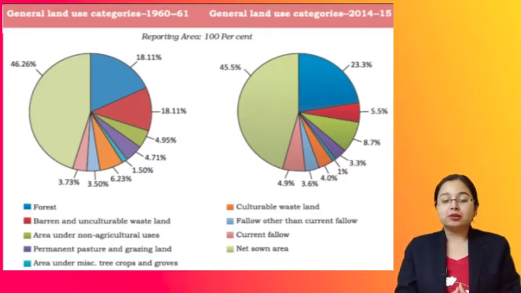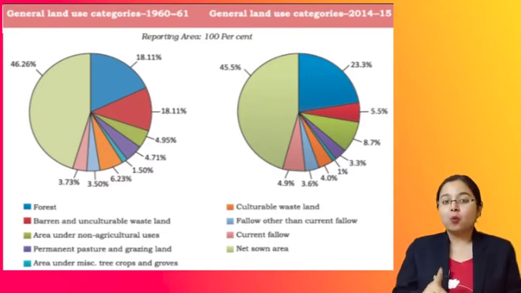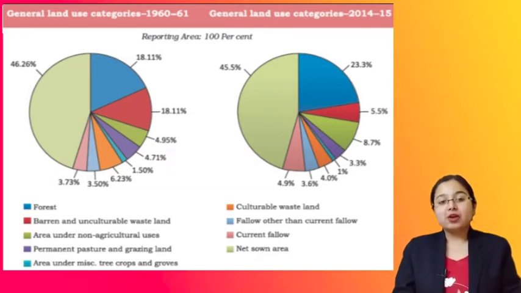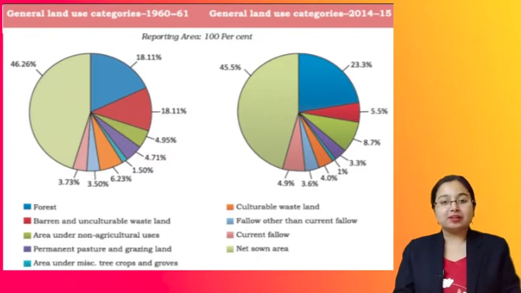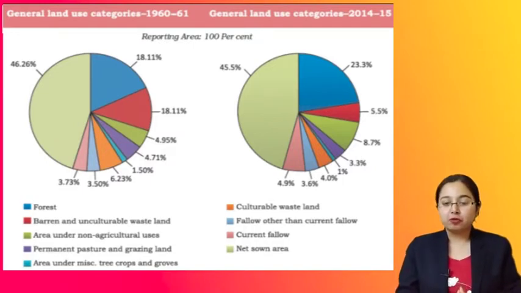In 1960-61 the percentage was 1.5%, and in 2014-15 it reduced to 1%. Next, we have cultivable wasteland. In 1960-61 the percentage was 6.23%, which decreased to 4% in 2014-15.